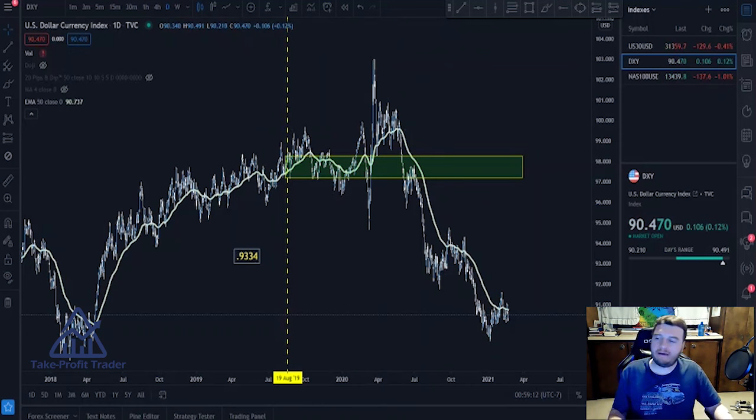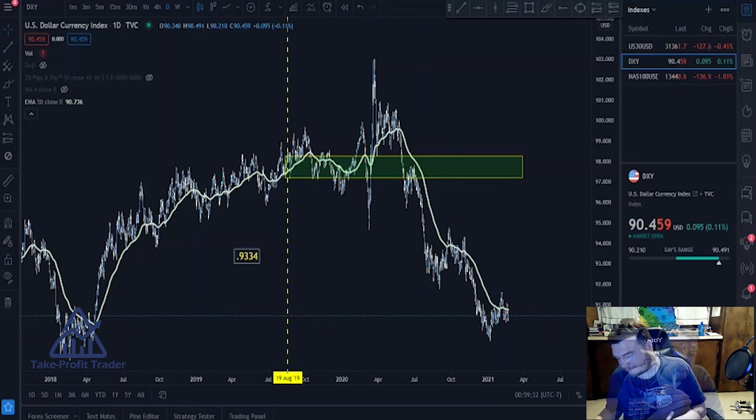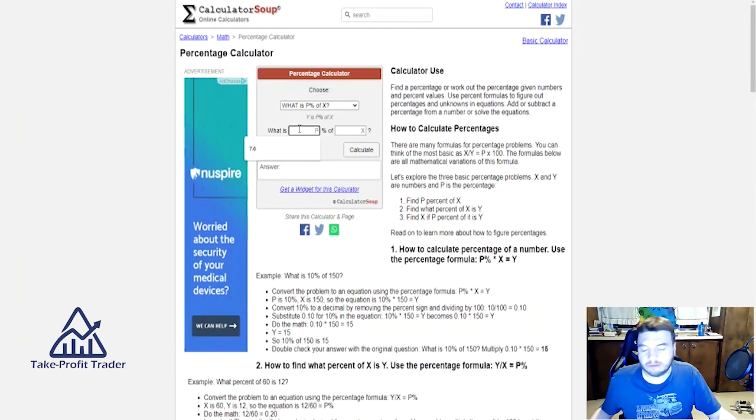Now let's think about that. For every $100 you have, you actually have $90.44. You've lost 10% so far. So let's say we got 9.4% of a $50,000 salary.